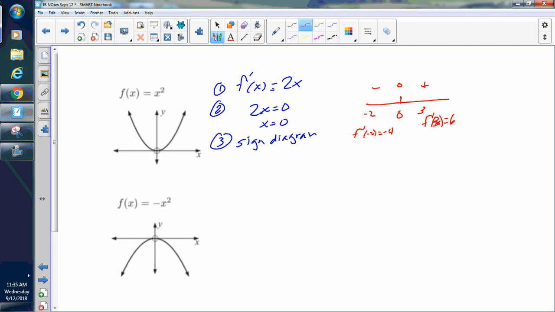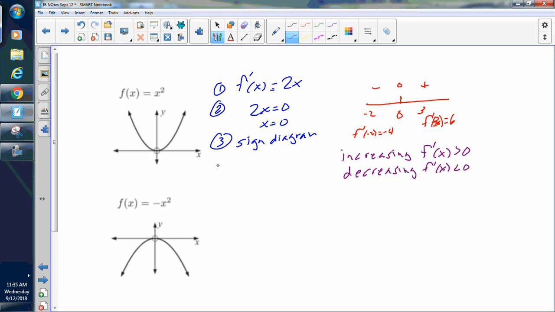Now our sign diagram here is going to tell us where we're increasing and where we're decreasing. So it turns out that we're going to be increasing anytime the first derivative is greater than 0. So we're increasing when our derivative is bigger than 0, and we're decreasing when the derivative is less than 0.